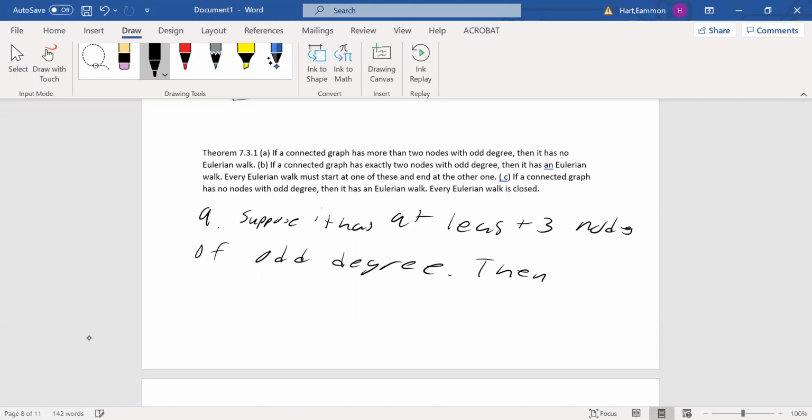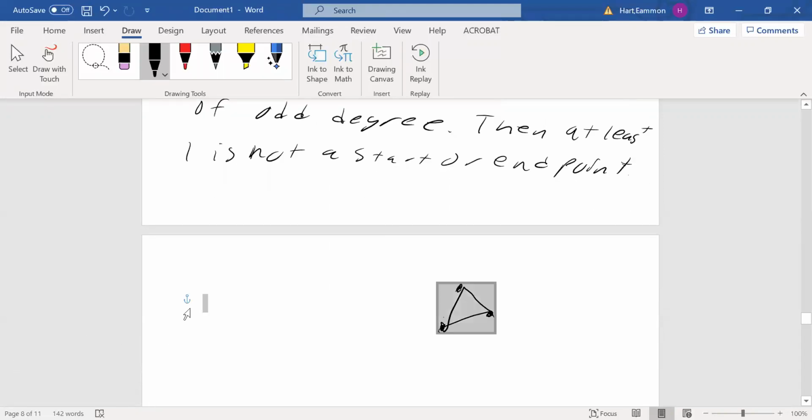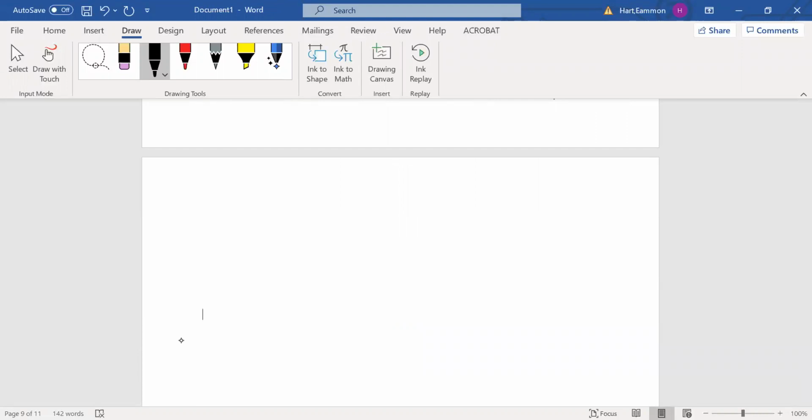Then at least one is not a start or end point, because we can only have one start and one end, so that gives us 2 points. Call this vertex V, because we have an Eulerian path.